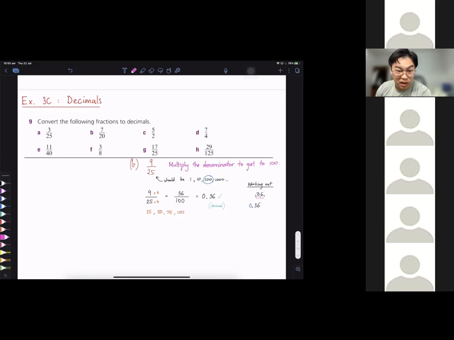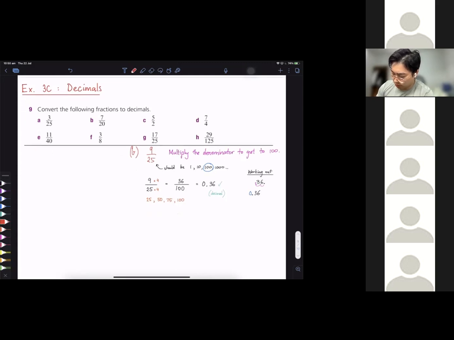It's not always 100, but we try to. And when we run into a roadblock, a problem, we'll figure out a different way to do it. But for now, this one seems to work.